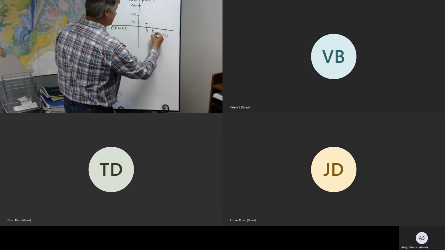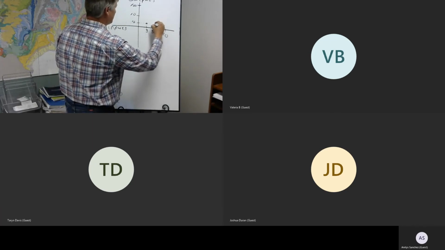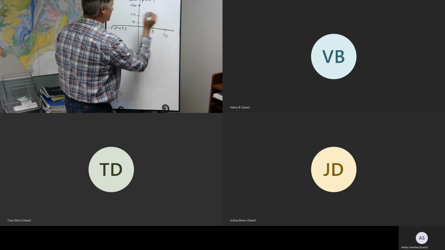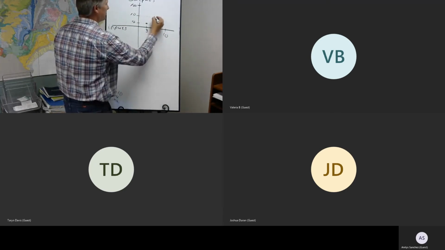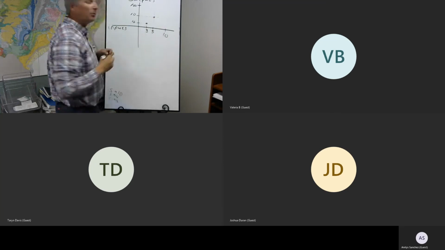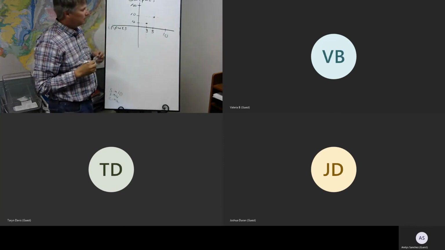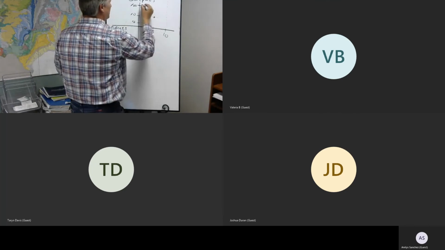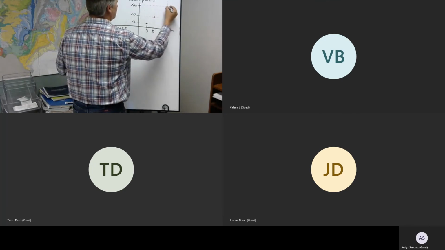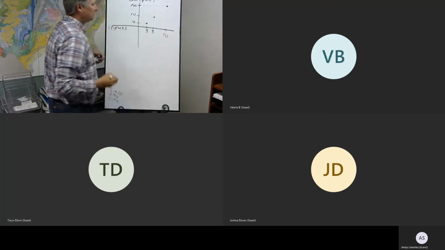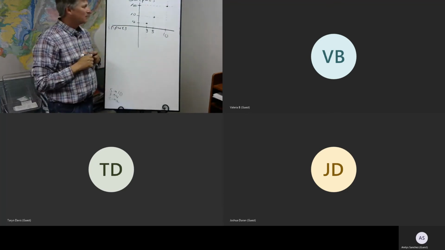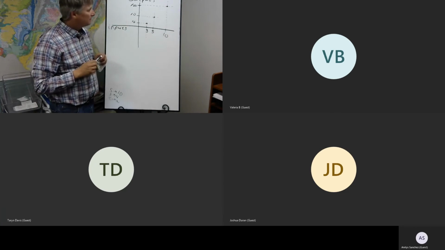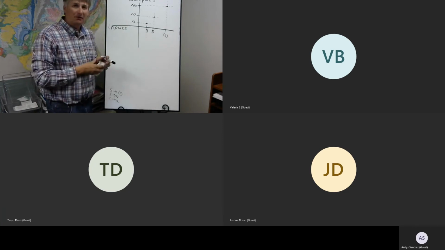Next, we have a vertical line for the input 5, and again, horizontal line for the output 10. Where they cross, we'll put a point. And then for the input 10 and the output 100, where they cross, we'll put a point. So this is how we can graph our relation. And that's where we left off from last time.